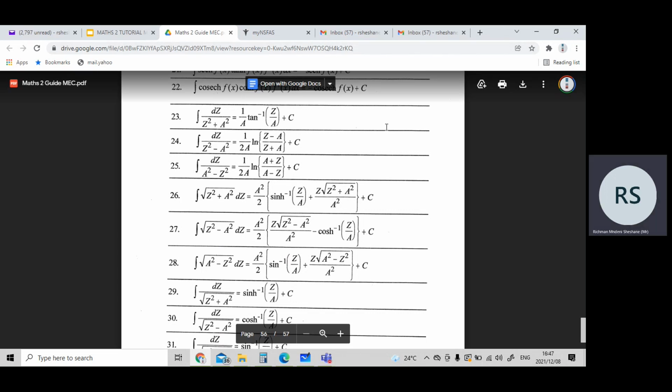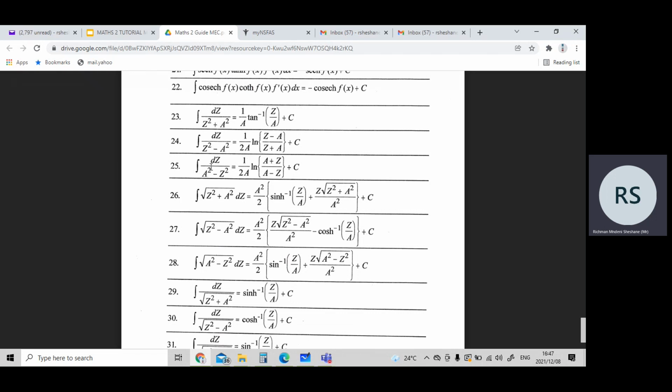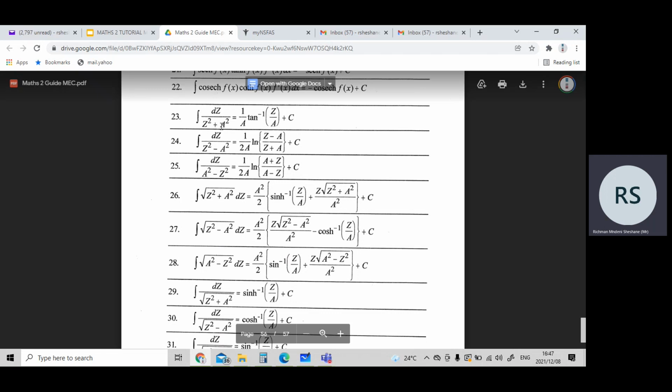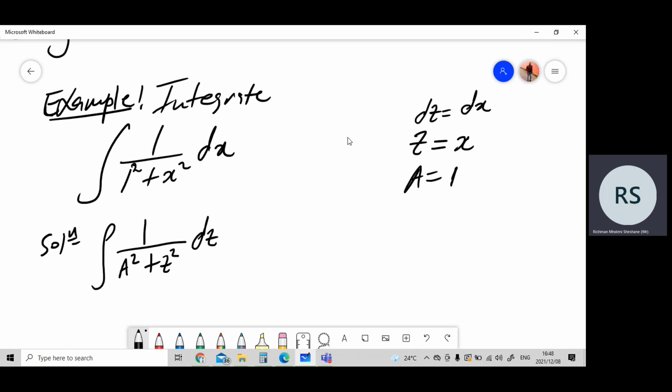Remember, you take the formula that has 1 over z squared plus a squared, not z squared minus a squared or a squared minus z squared. We take 1 over z squared plus a squared, or a squared plus z squared. This is the only formula which says a squared plus z squared. So the integral of this, if we check the formula, is 1 over a tan inverse of z over a plus c.